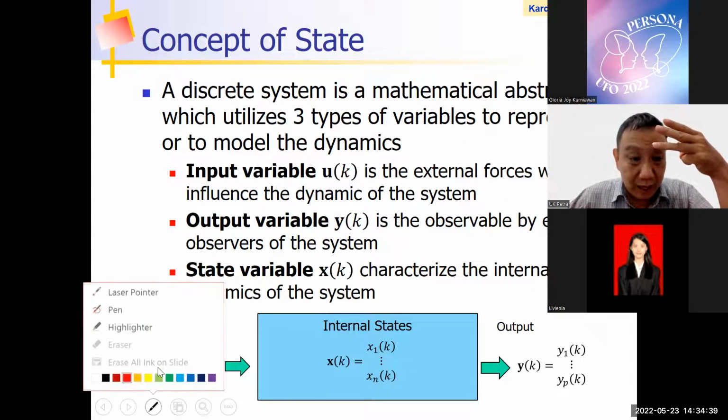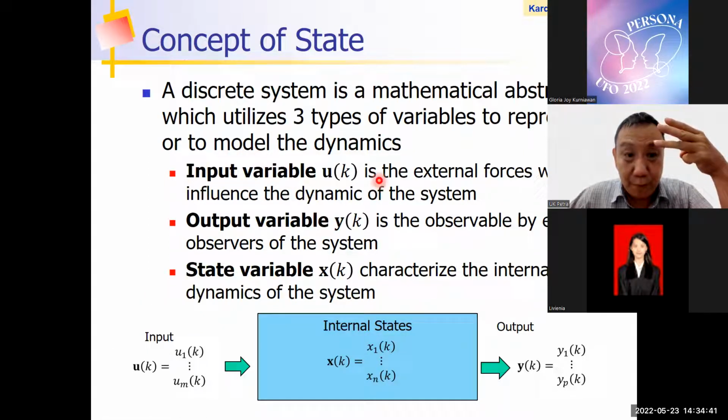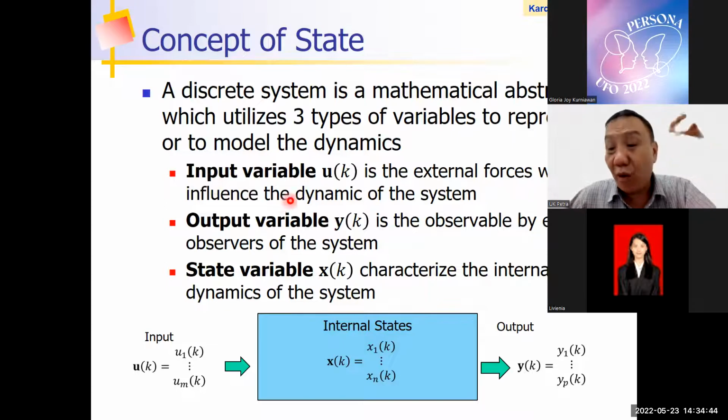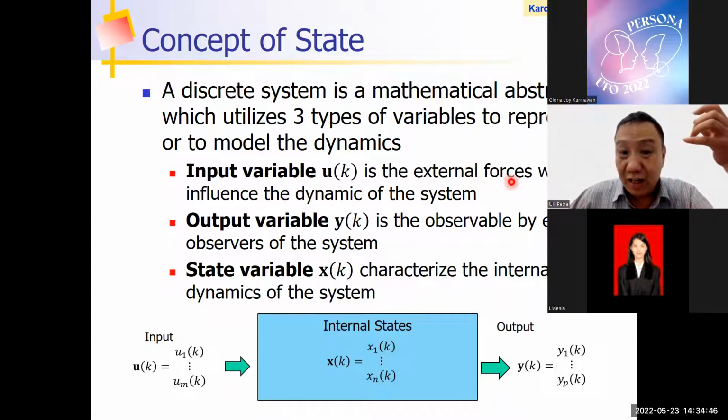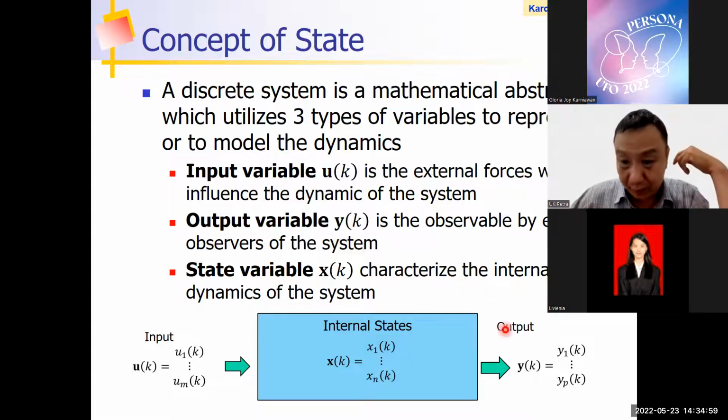A discrete system is basically a mathematical abstraction that utilizes three types of variables. What are they? First is called the input, U. This is the external force that will influence the system. And then Y is the output variable, something that you can observe from the system. Inside the system, we have what is called state. Can you get it?